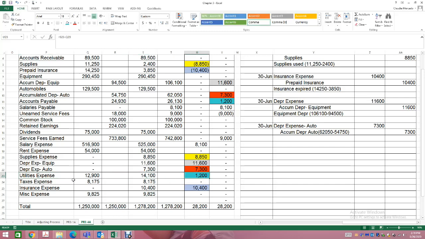So in this case, utilities expense will be debited for the 1,200. Why? Because it increased. You went from 12,900 to 14,100, so your balance increased by 1,200. And then we're going to have accounts payable. What does that mean?